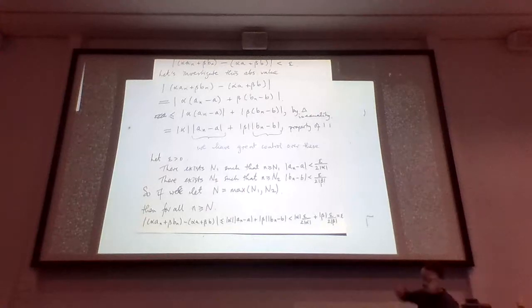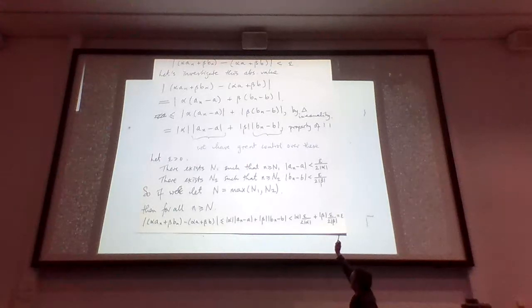I know in the convergence of an, there exists this special number, capital N1, which has this property here, because an converges to a. I know there exists the capital N2, such that epsilon over 2 times the absolute value of beta will bound bn minus b. And so all I do is make sure that both of those upper bounds hold.